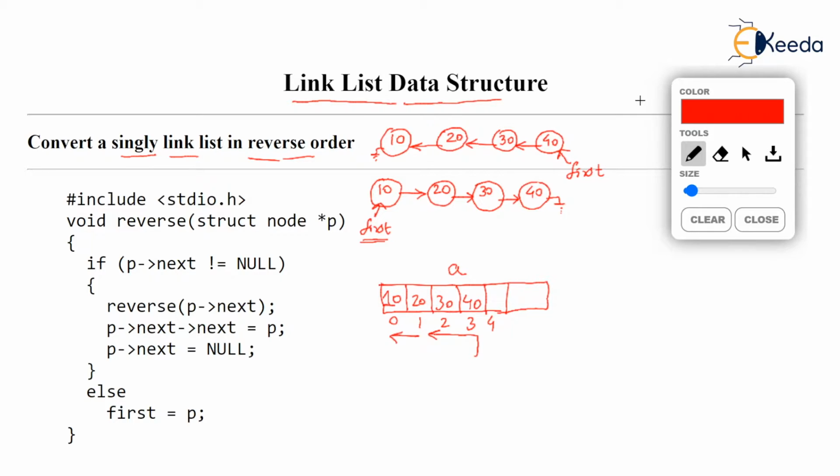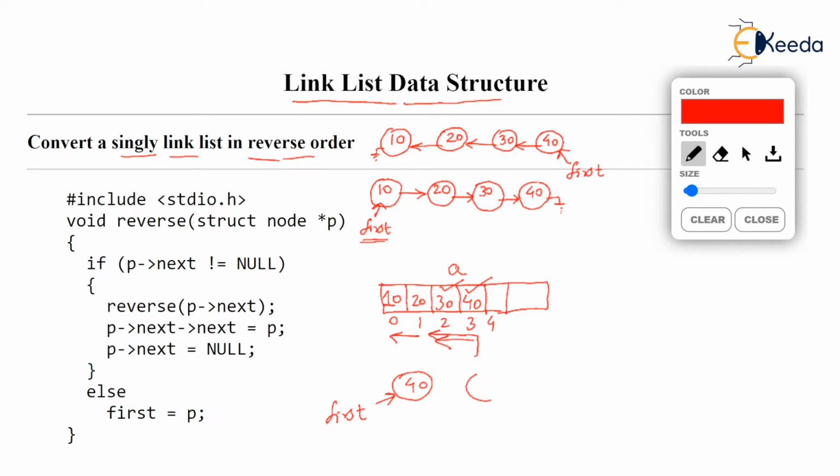Now we will take the last element first, that is 40, and we'll create a new node, store 40, and 40 will be made the first node. Then as we go backwards in this traversal, 30 will be the next value that we take.